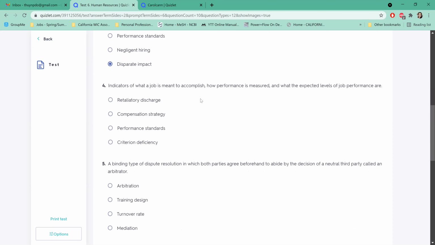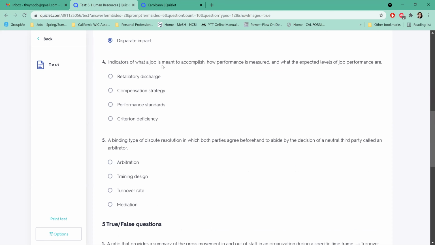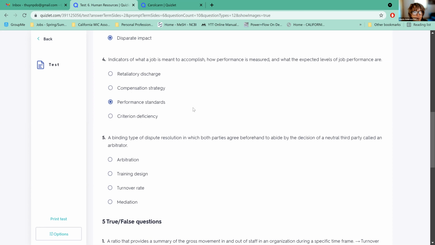Great. Indicators of what a job is meant to accomplish, how performance is measured, and what the expected levels of job performance are. Would that be A, retaliatory discharge, B, compensation strategy, C, performance standards, or D, criterion deficiency? C, Charlie. Yes, okay, performance standards.